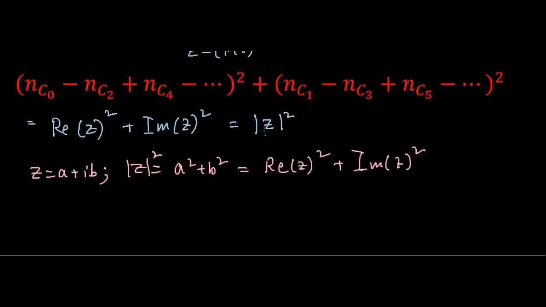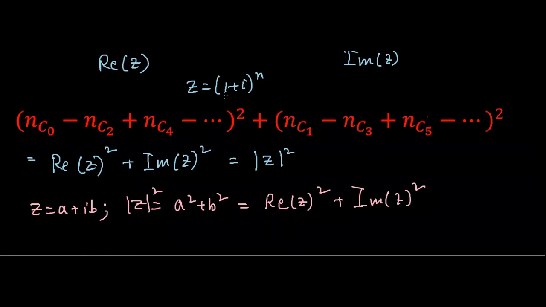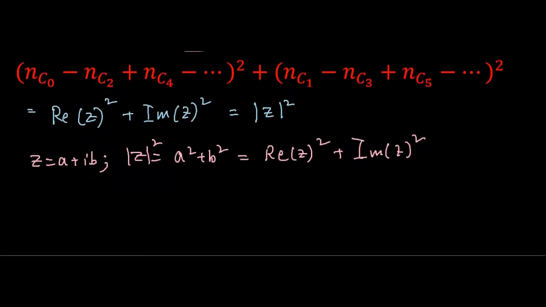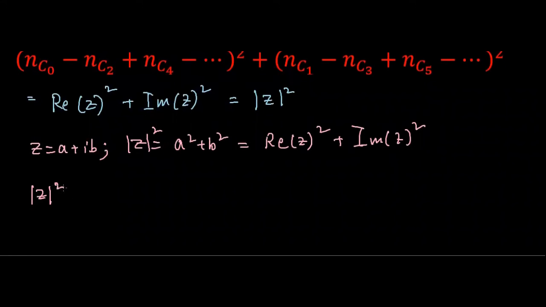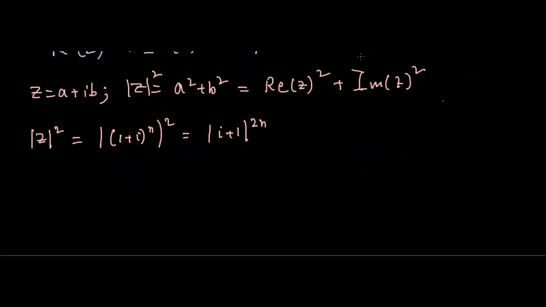So we can see from here that if z is equal to (1 + i)^n, then the modulus of z squared is basically the modulus of (1 + i)^n, whole squared. And from here we can say it's basically |1 + i|^(2n), because we know that the modulus of z1 times z2 is equal to the modulus of z1 times the modulus of z2.